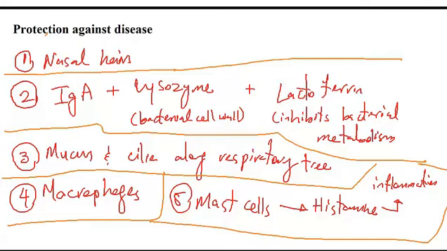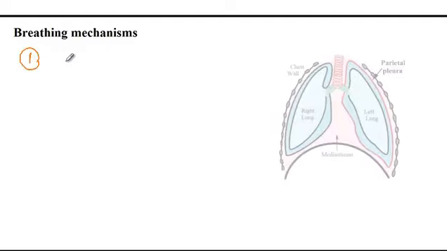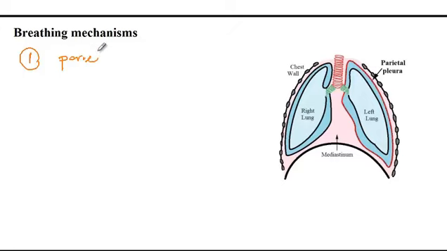The final concept that we are discussing here is the breathing mechanism. In order to understand that, first I would like to discuss the structure of the lungs in a little more detail. Basically, the lung is covered with a connective tissue sac that is organized into two layers. One is called the parietal or outer layer that is fused with the wall of the thoracic cavity.